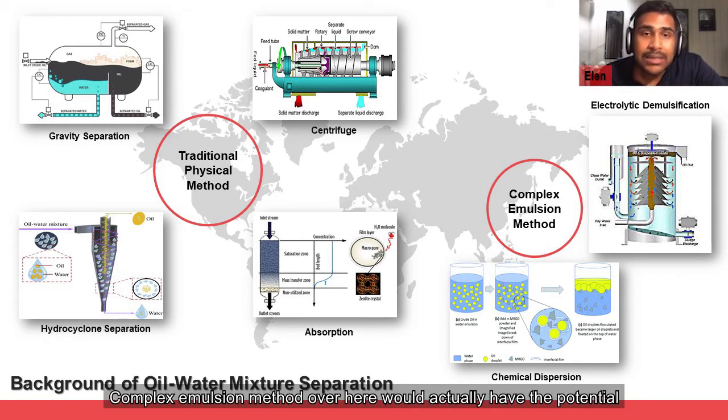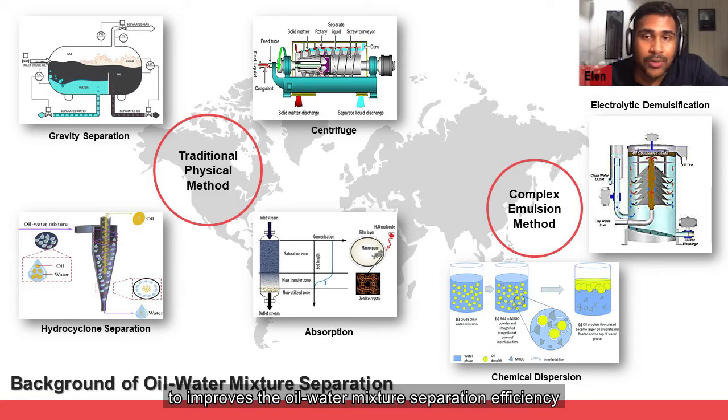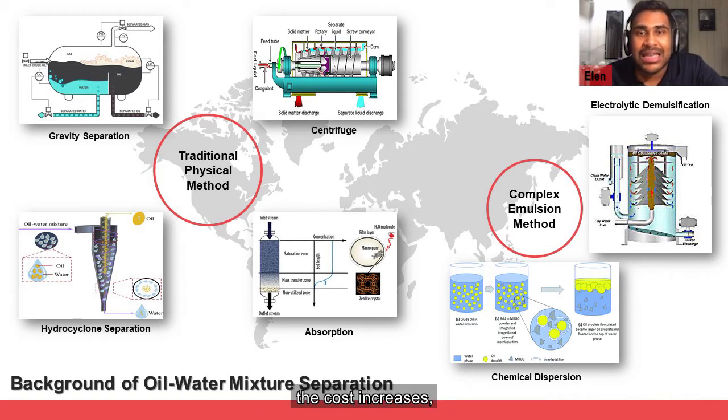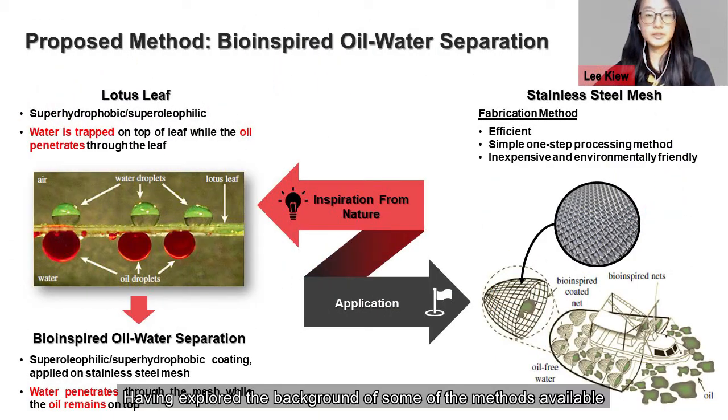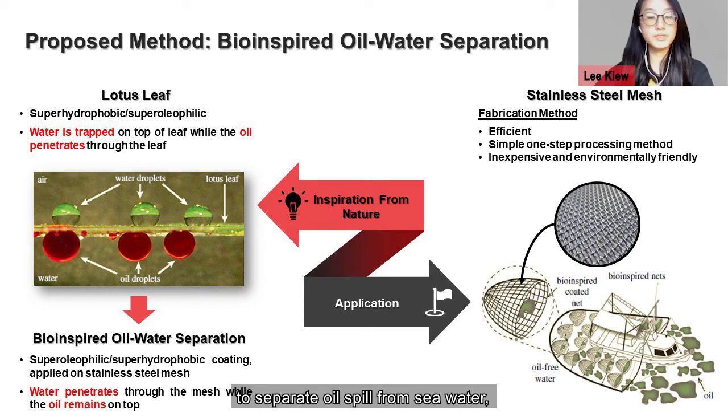The complex emulsion method has the potential to improve the oil-water mixture separation efficiency, but due to its complexity and high energy consumption, the cost increases, which hinders its practicality and capability in oil spill cleanup processes.